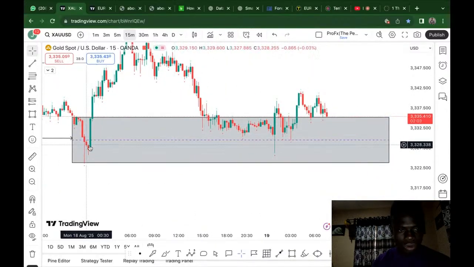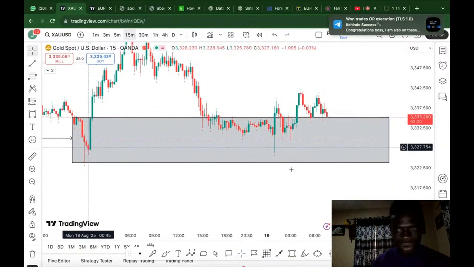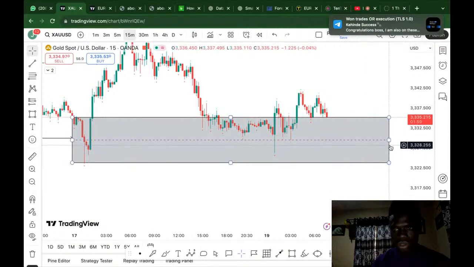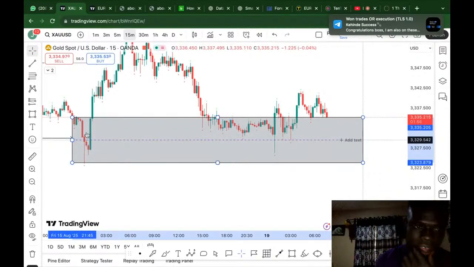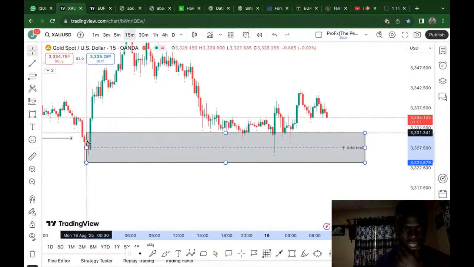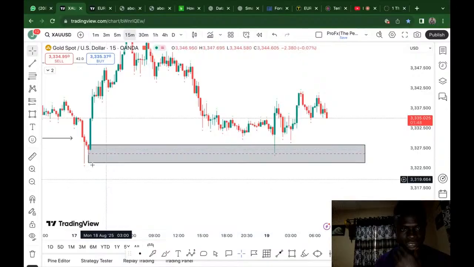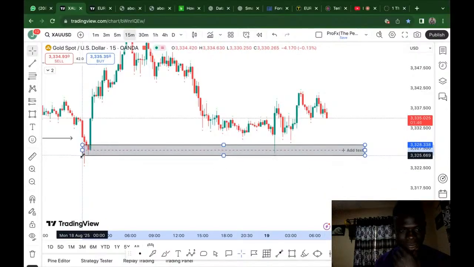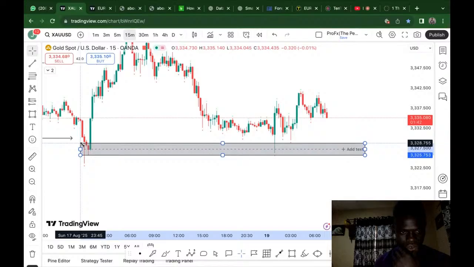Order block, 15 minutes order block. You see what I'm saying? At this origin, we are refining this towards the 15 minutes order block. Can you see how precise this market is? Nothing is random here, guys.